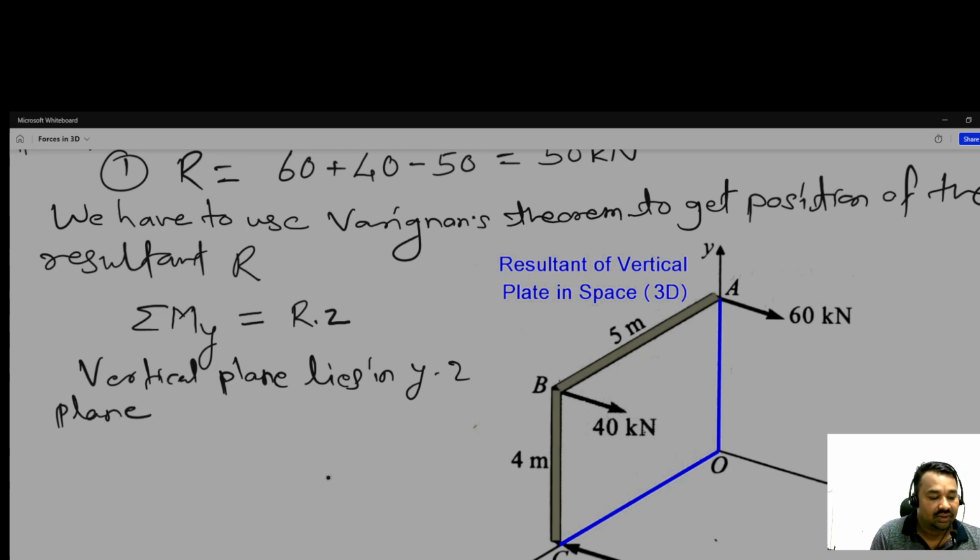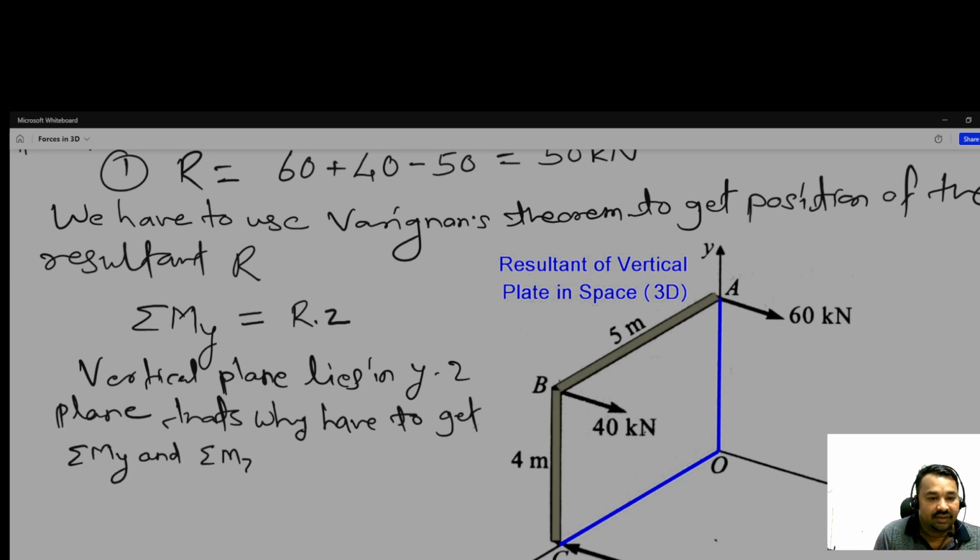So that's why we have to get both the moment about My and the moment about Mz.